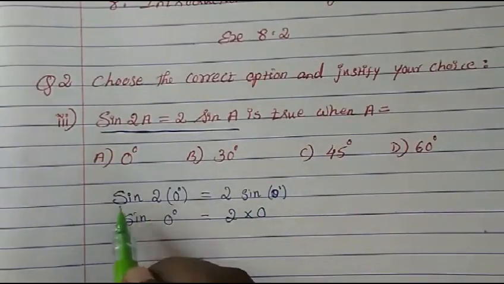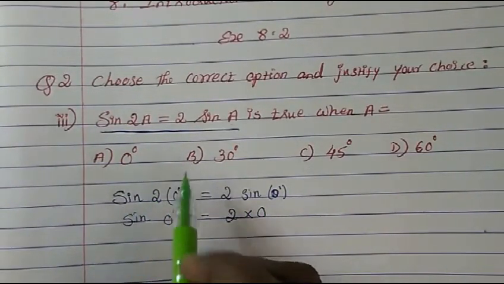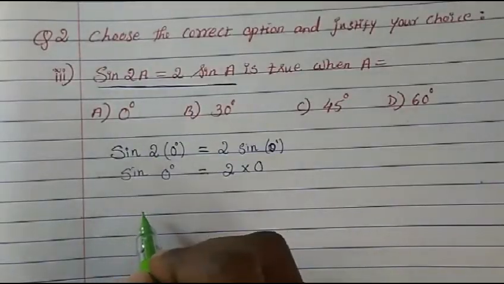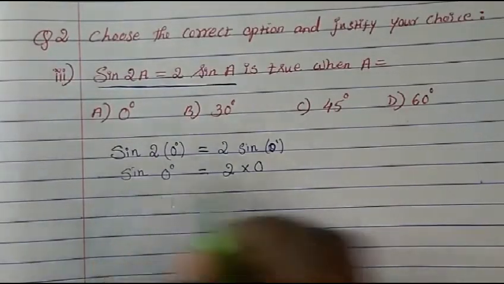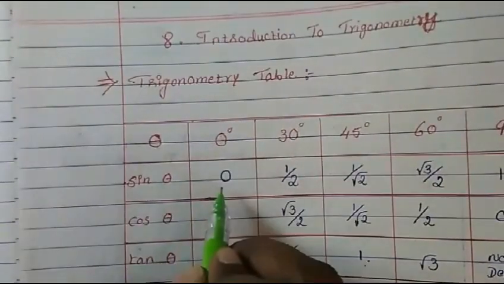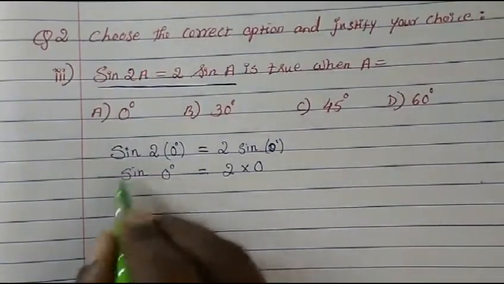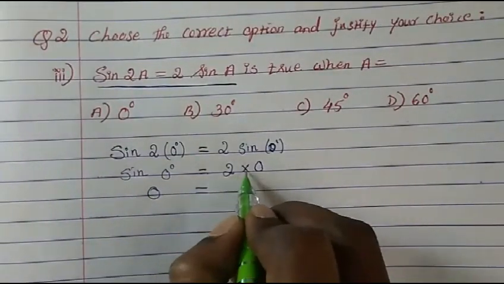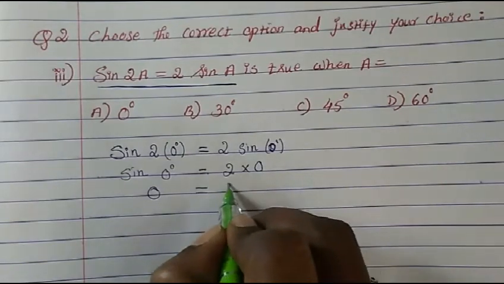Here in sine 2a, the 2 times the angle value is what we have put. Is it clear? Now sine 0 degree value we just saw is 0. So the whole thing will become 0, equal to 2 multiplied with 0, we will get 0.